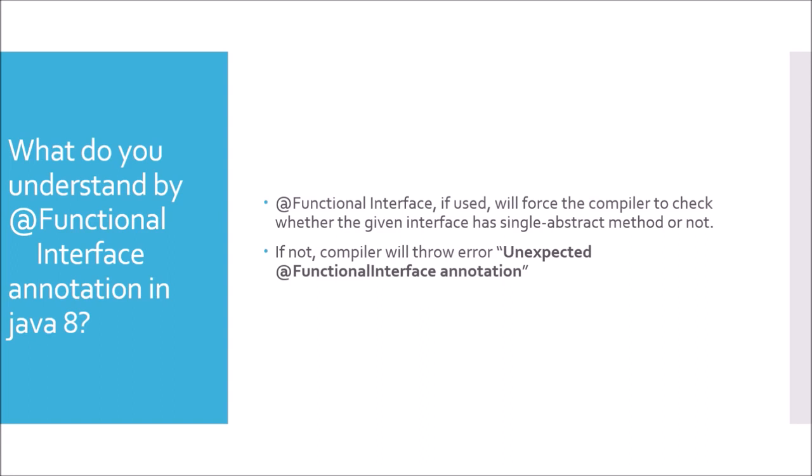Comparable, Comparator, Runnable are all functional interfaces, or any custom interface having a single abstract method is a functional interface. If you write any implementation of methods that belong to the Object class, like toString, equals, hashCode, in a functional interface, it is still valid to be a functional interface.